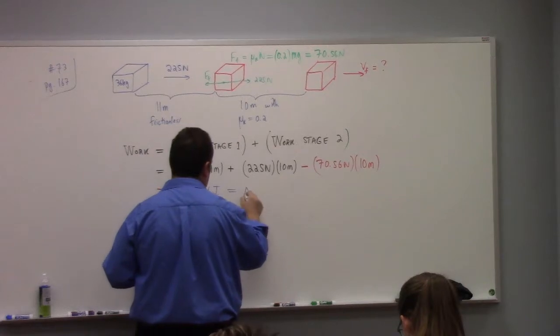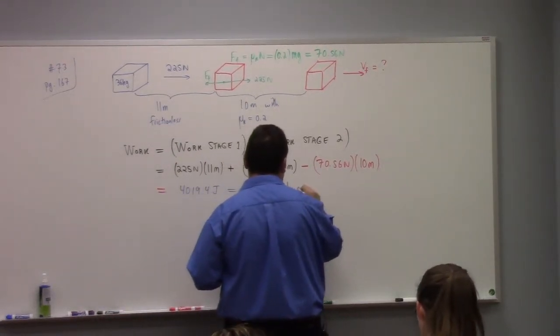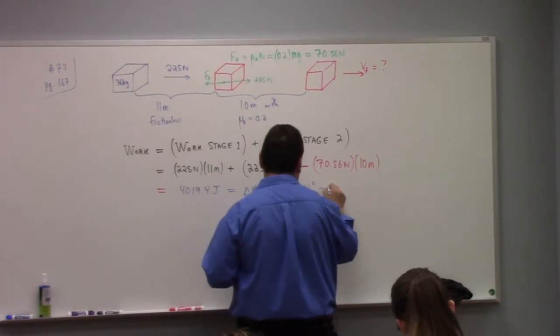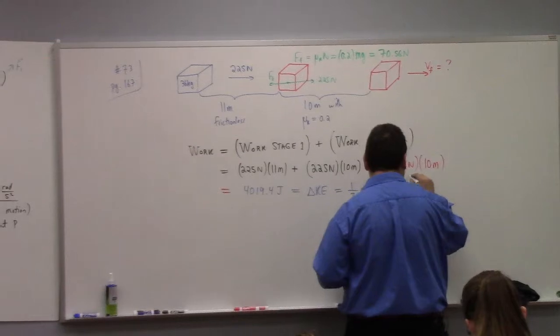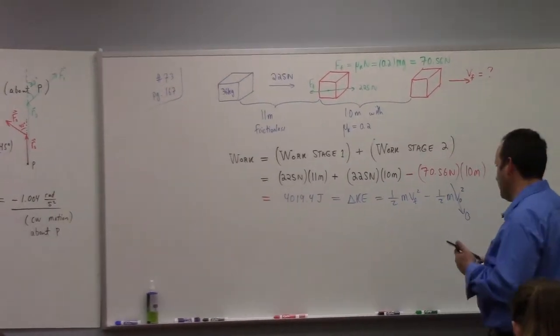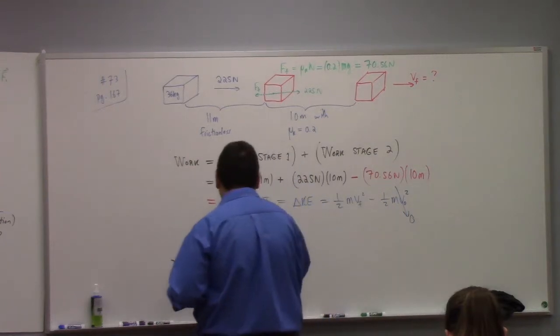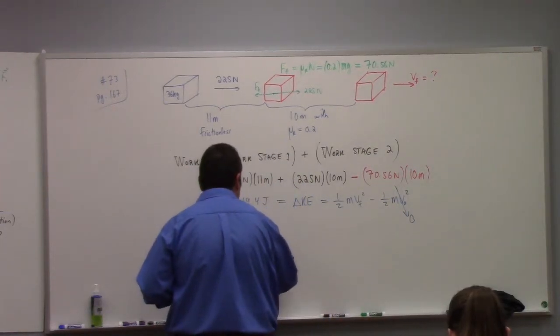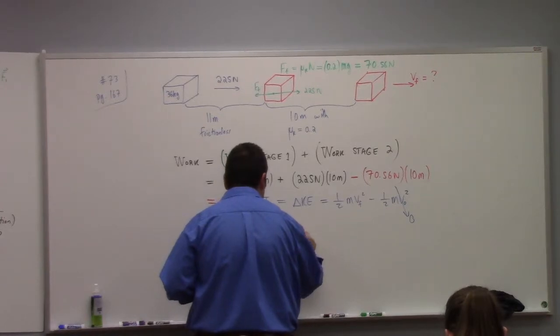Now that's equal to the change in kinetic energy by the work energy theorem. So that's 1/2 m Vf squared minus 1/2 m V naught squared. But good news, V naught is 0. So Vf squared is equal to 2 times 4,019.4 joules divided by 36 kilograms.